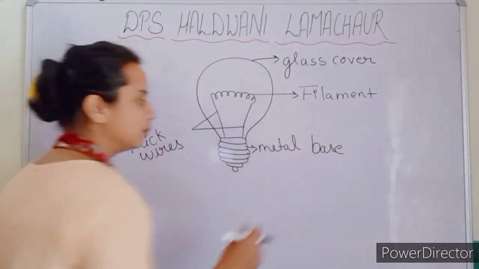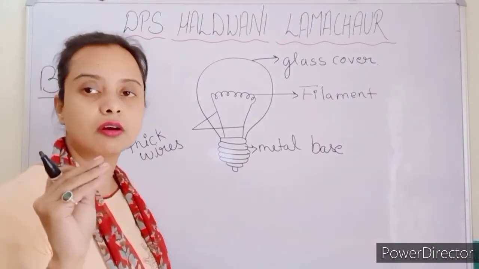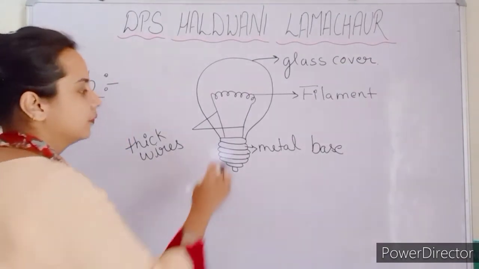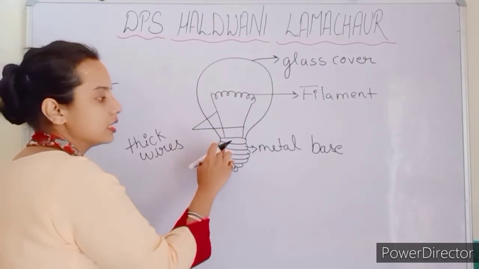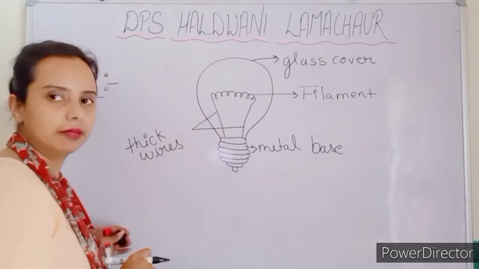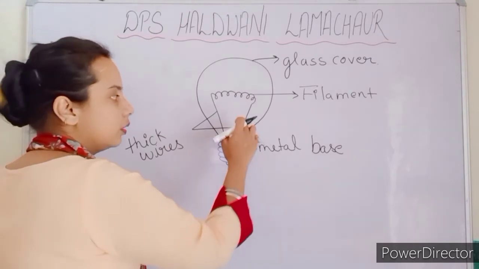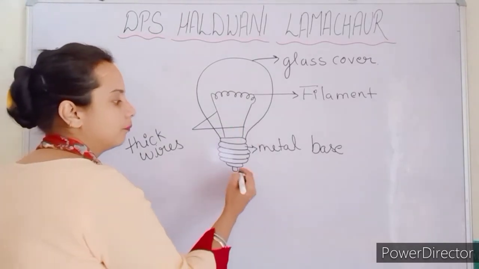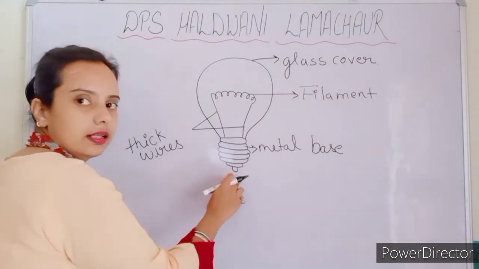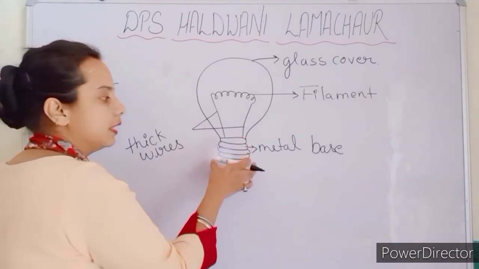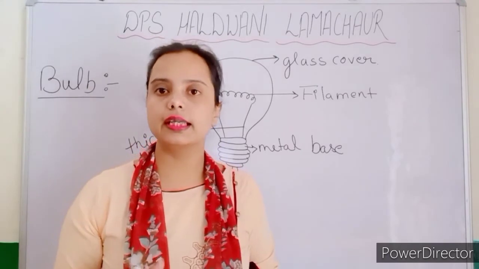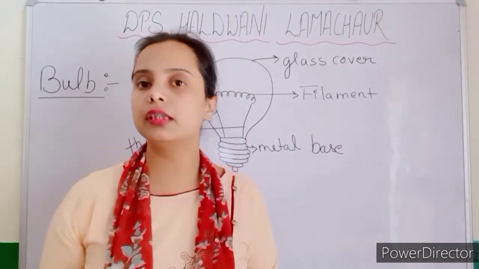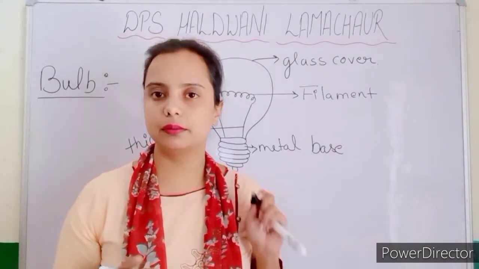If you have seen the base of a bulb, that is of metal. The first end of this thick wire is attached with this metal base, and the other wire is attached to the bottom at the last one. So this metal base generally works as a terminal for the bulb.